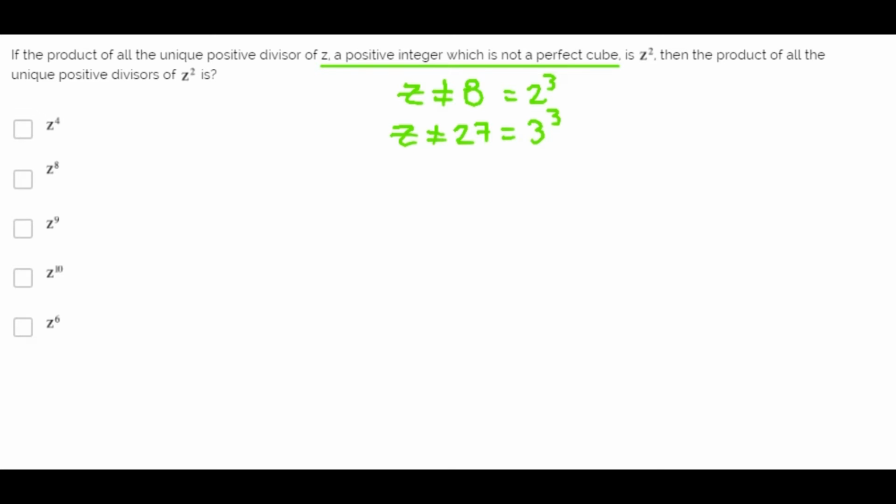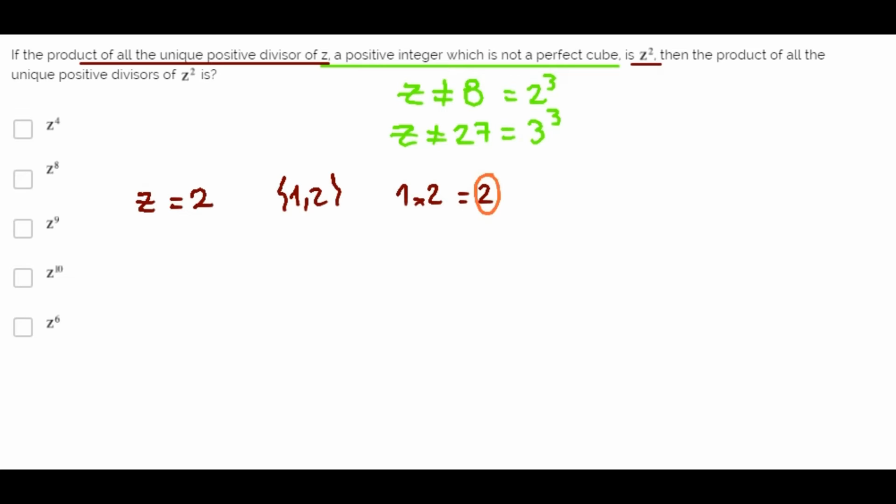Now, the product of all the unique positive divisors of z is z squared. We can try numbers in order to find a possible value for z. Let's start with 2. If z is 2, then the factors of 2 are 1 and 2, and the product is 2.